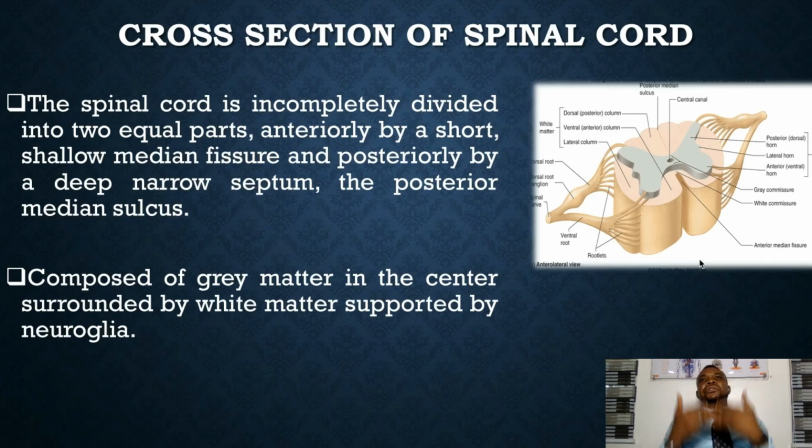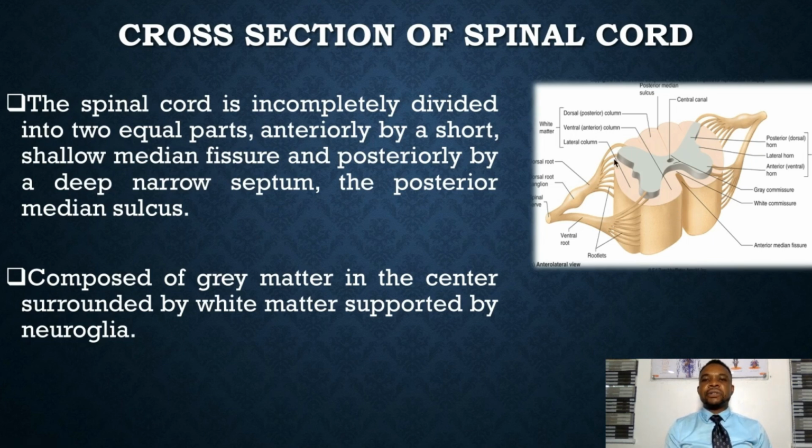Now, having looked at the spinal cord in its cylindrical nature, if we take a cross section of the spinal cord, we are going to see a butterfly-like structure. It looks like a butterfly, as you can see in the diagram represented here.